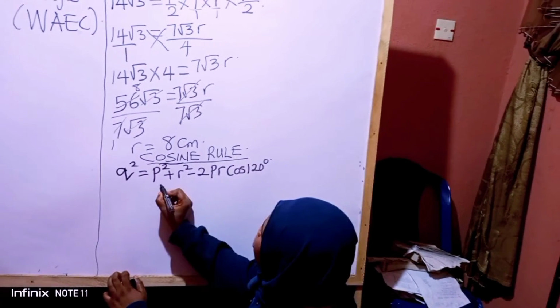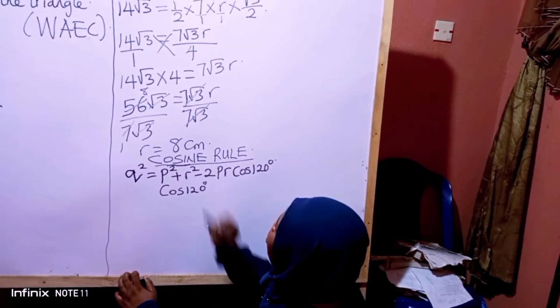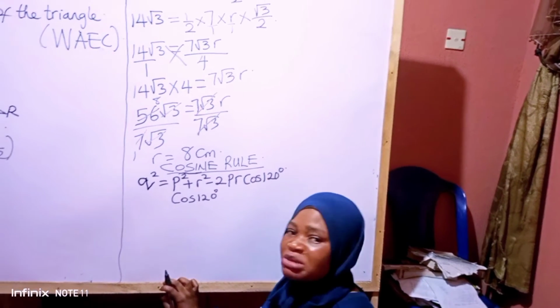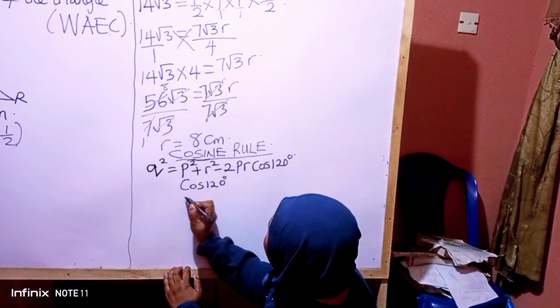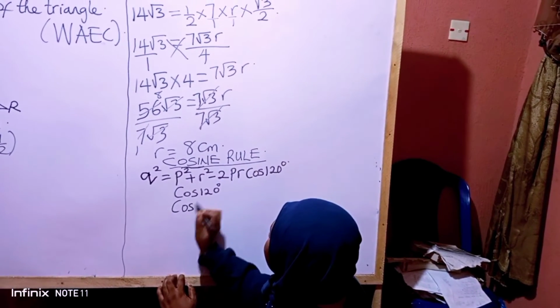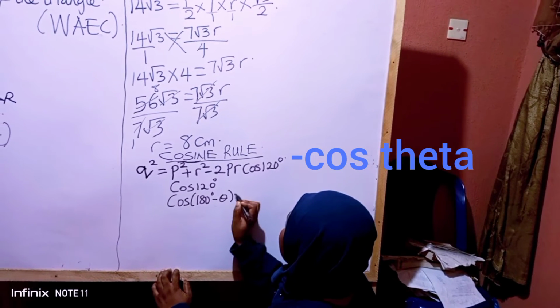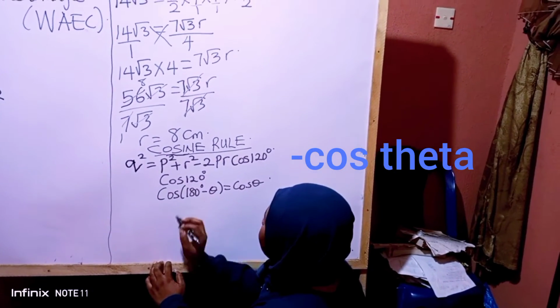So this cos 120 degrees lies in the second quadrant. And in the second quadrant, it is only sine that is positive. That means cos is negative, tan is negative. And it will be equal to cos of 180 degrees minus theta is equal to negative cos theta. So our theta here is now 120.